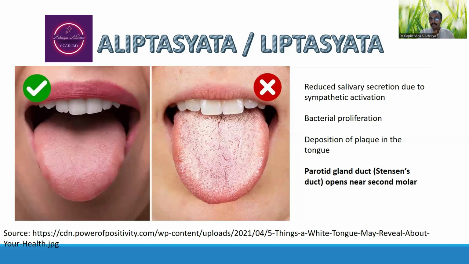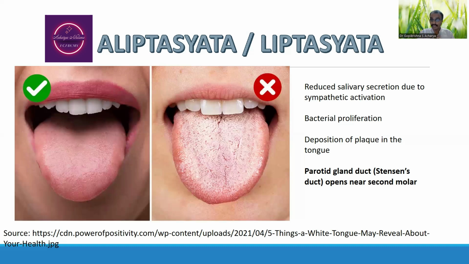These pathogenic bacteria start entering into the parotid duct, which is present on the upper surface of the second molar, which is termed as Stenson's duct also.